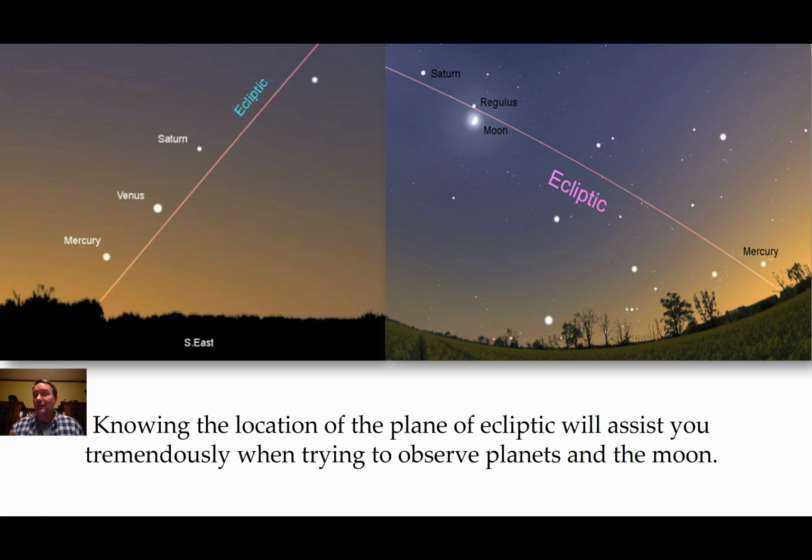Then you can say, okay, this is where I'm going to look for these planets. The planets are very near that ecliptic. It's kind of like a navigating thing.